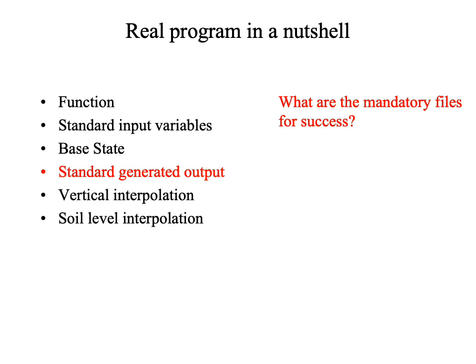There possibly could be one of these initial condition files for each of the required domains that the WRF model is running. The second mandatory file is the WRF boundary file. The WRF boundary file is only required for domain number 1, the most coarse grid.